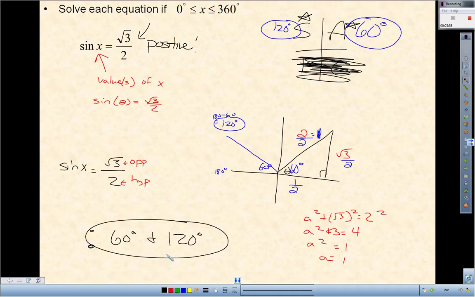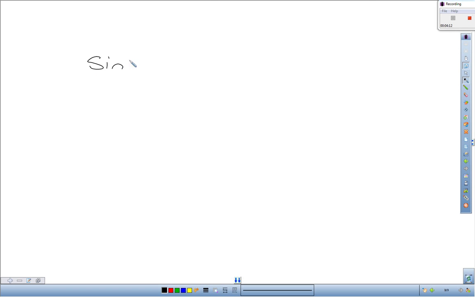Alright, now the second way to do this is using your calculator, and I'm going to bring up a blank sheet. Let's say you have sine of x is equal to the square root of 3 over 2. You're trying to find the angle, right? Well, if you remember, the way that you find angles is by doing the inverse trig function. So the inverse trig function of sine would be arcsine.